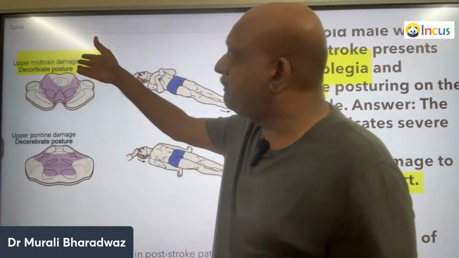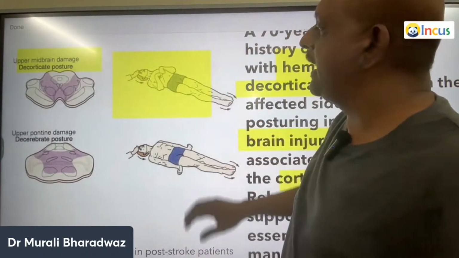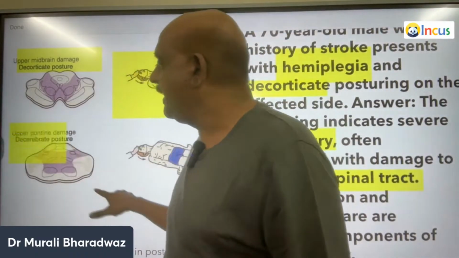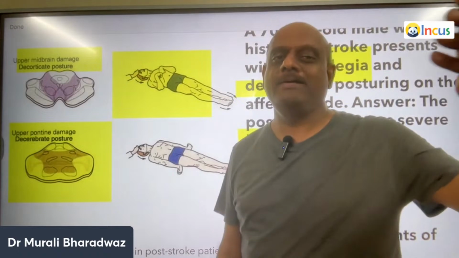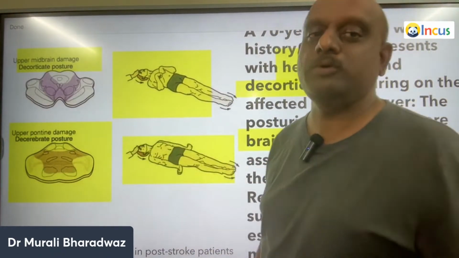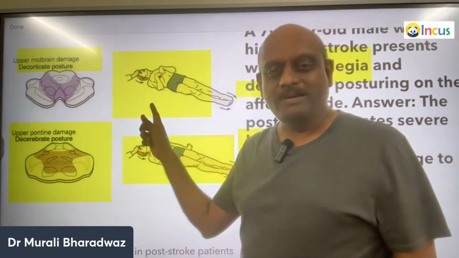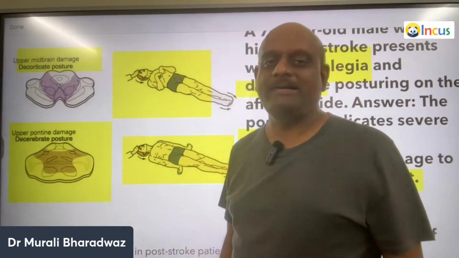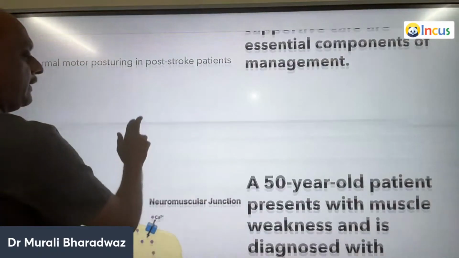So upper midbrain damage leads to the development of decorticate posturing. Whereas upper pontine hemorrhage, upper pontine damage typically leads to decerebrate posturing. Midbrain decorticate, pons decerebrate. So that is what you have to remember as a benchmark.